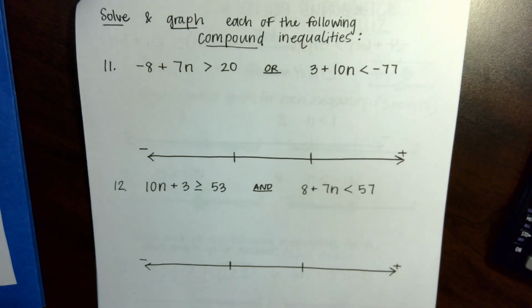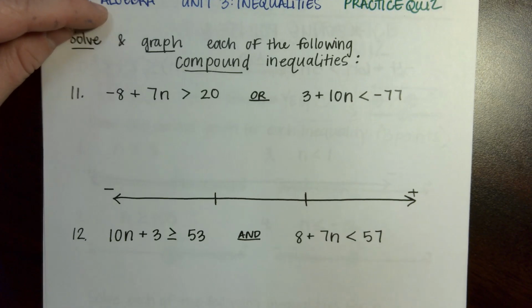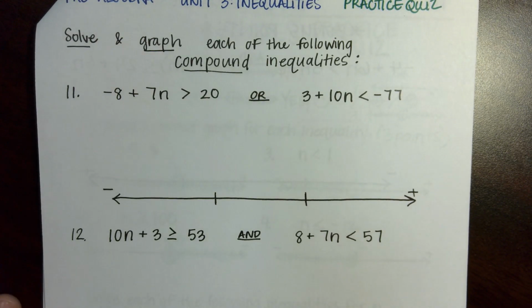These are the compound inequalities. We're going to go through these real nice and slow since some of y'all missed those lessons. If you want to go back and watch the lessons, they're all on YouTube. Please watch them if you're feeling shaky about them at all.